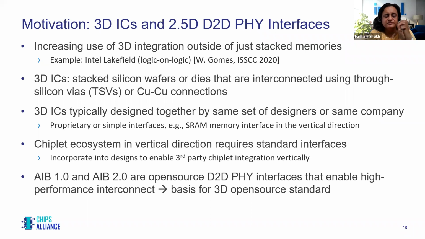So that's what we're going to be looking at today. One of the nice things about AIB 1.0 and 2.0 is that they're open-sourced die-to-die PHY interfaces, and they do enable high performance interconnect. So we want to leverage them as the basis for a 3D open source standard. Next slide, please.